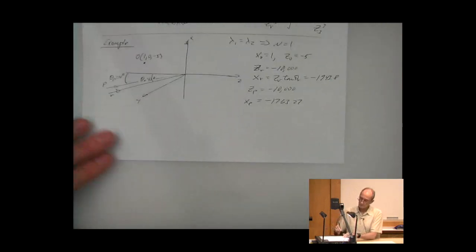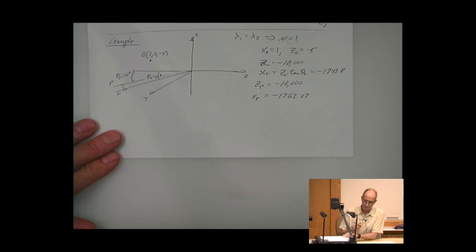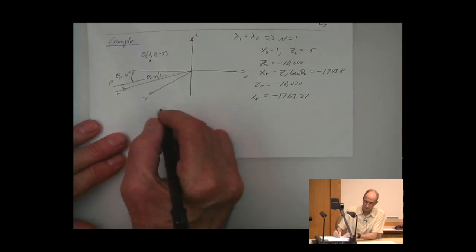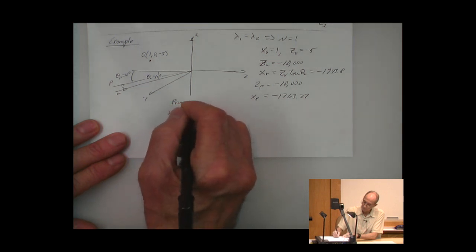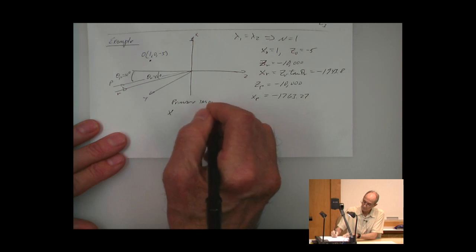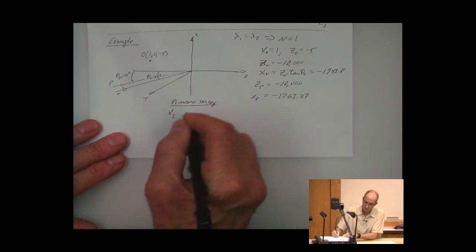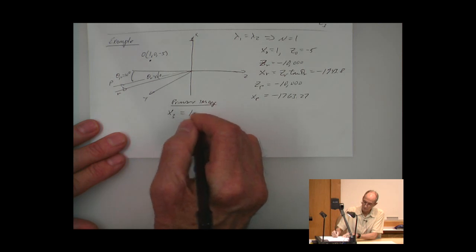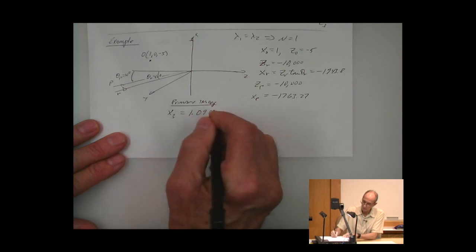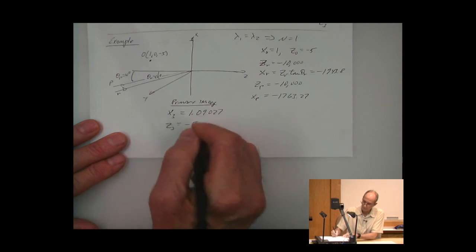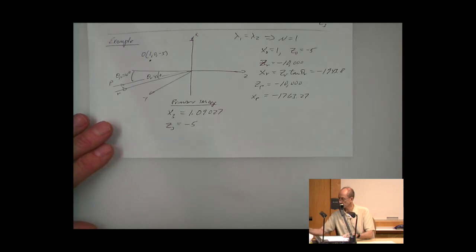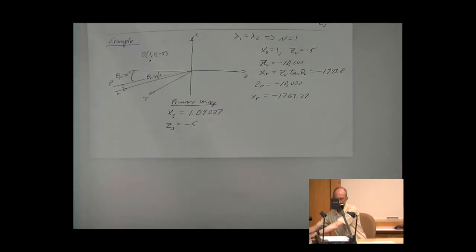Okay, and then we put those into our calculations for the paraxial image location. So we found for the primary image x3 was equal to 1.09027, and z3 turned out to be exactly, at least to the accuracy we're taking, 4 or 5 digits of precision, we still get 5.